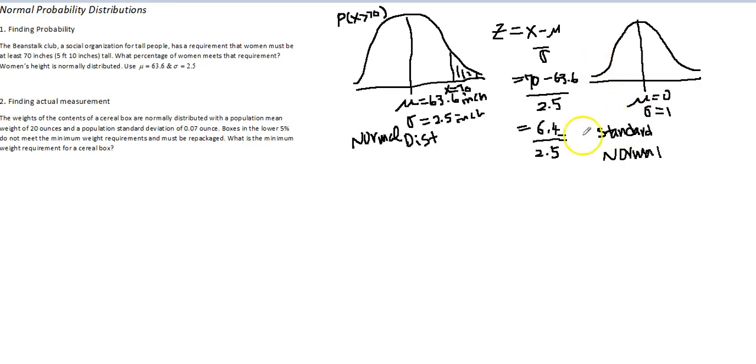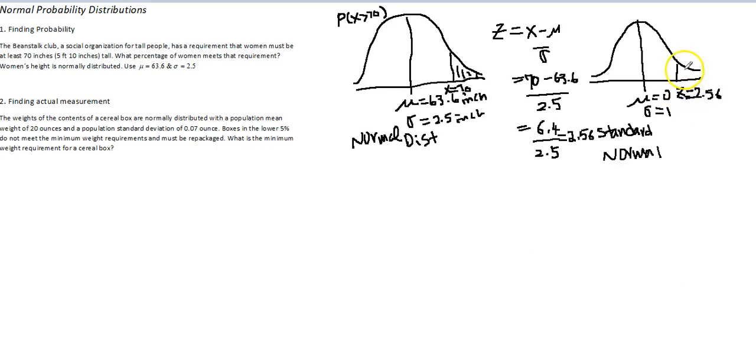And I have 2.56. Okay. So now since the middle is going to be 0 on the standard normal, 2.56 should be on the right hand side. So we are going to draw the line here at z equals 2.56.